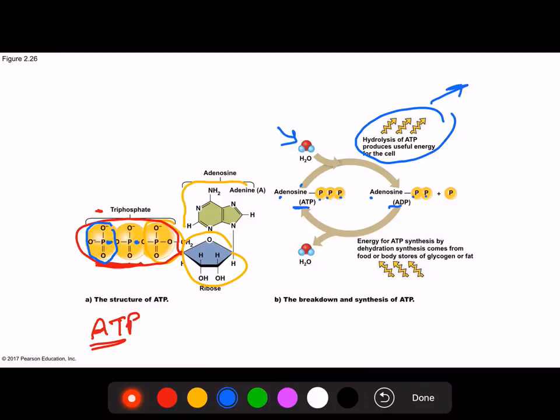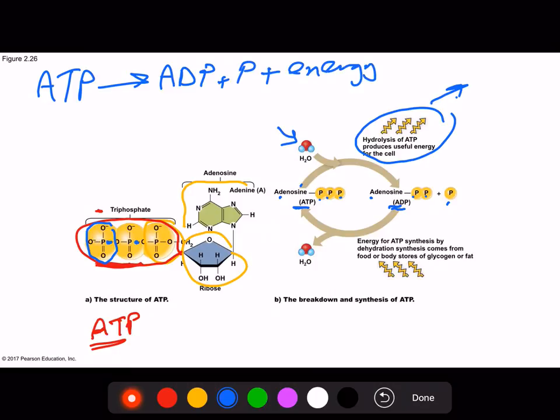So the energy is out, water is in, we will release 1 phosphate group, and we will end up with ADP. So when we are breaking ATP, we will get ADP plus a phosphate group plus energy. And that is how we moved from here to here.